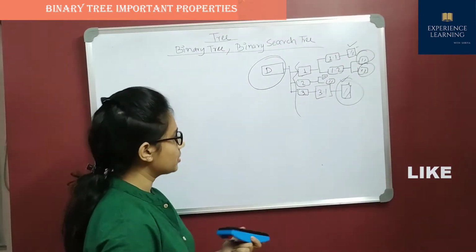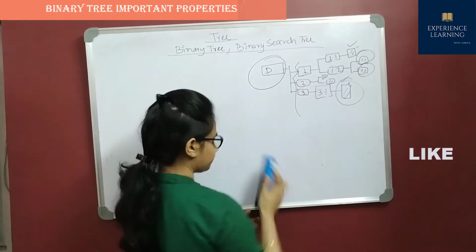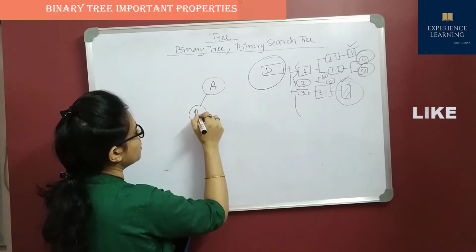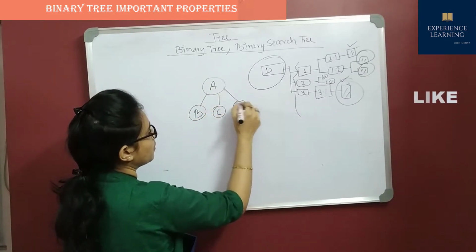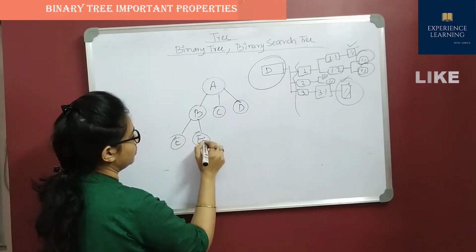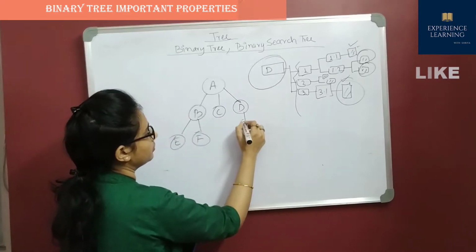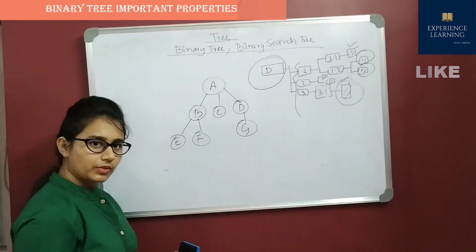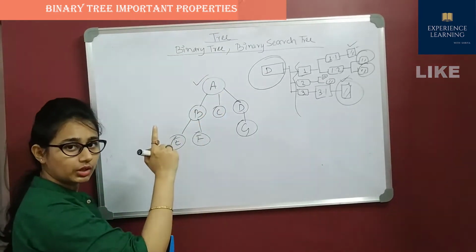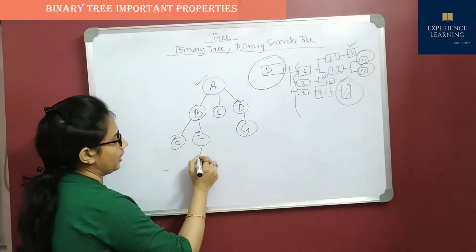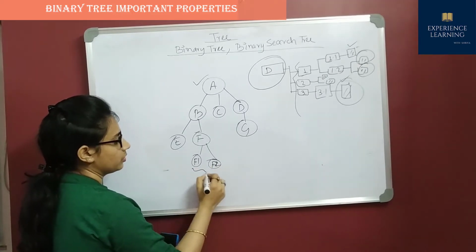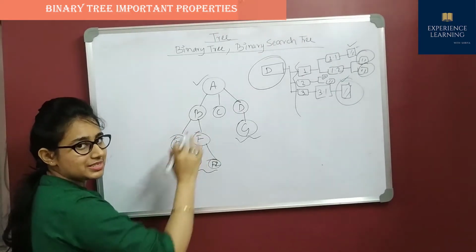If I draw the structure in such a way, say A, so this is the tree where A is the root, which doesn't have any parent, and F1, F2 are leaf nodes which don't have any child.